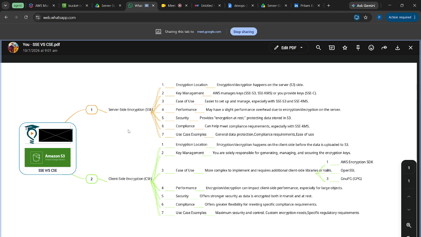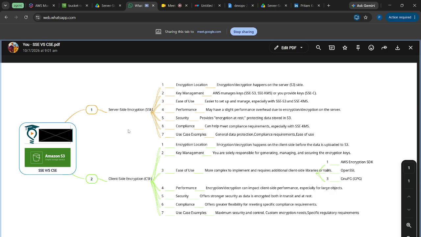Then they can ask, what encryption do you usually create in your organization? Then you can say, I create server-side encryption or client-side encryption, depending upon the data type or the priority of data and as per my senior's instructions. I will discuss with the team for whom I create the bucket.